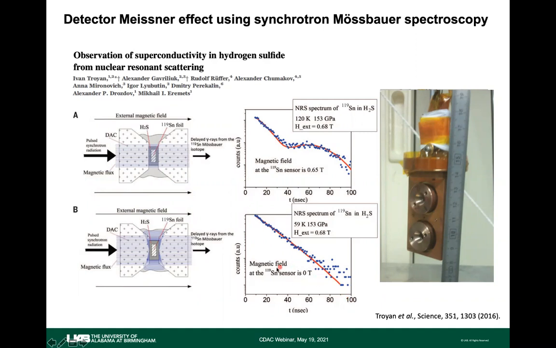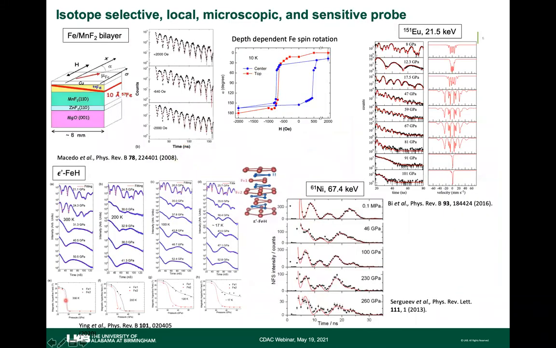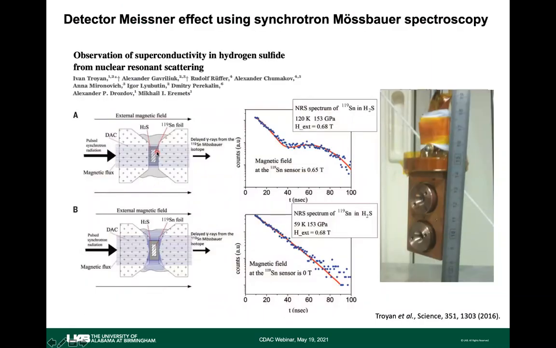Which means that because of the Meissner effect, the external field is expelled out of the tin probe. So this is a very nice way to detect the Meissner effect under multi-megabar pressures. Basically here, the limiting pressure is just the beam size. If you tune the beam size similar to the tin probe, you can go to several megabars.